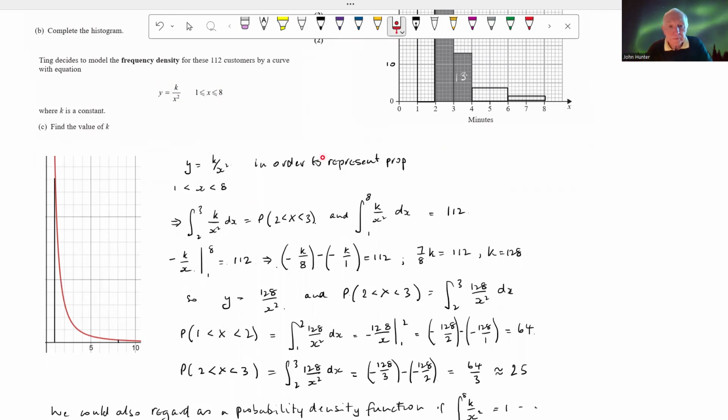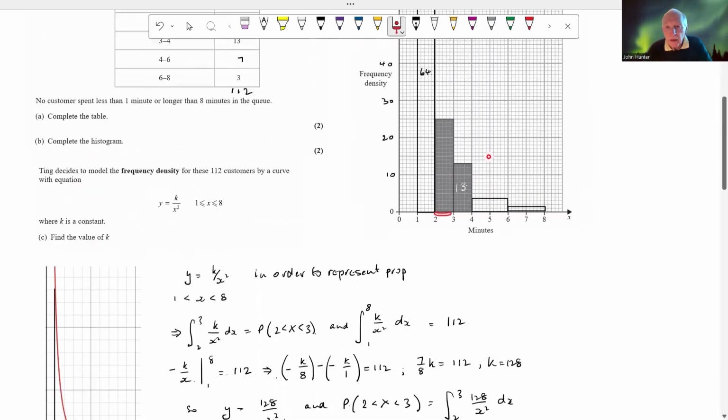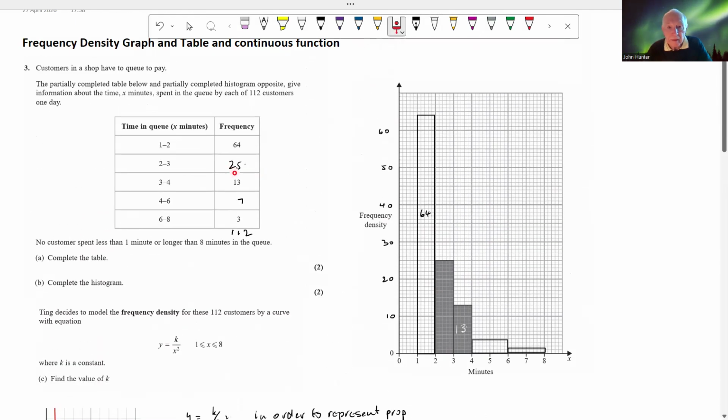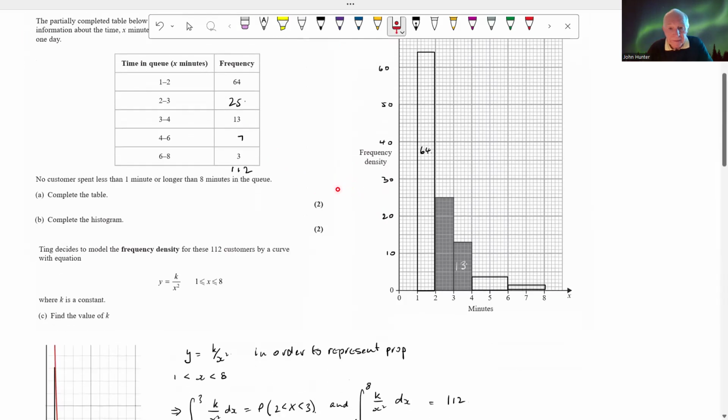Not only that, but if we pick any particular part of it, like between 2 and 3, we'd expect to see an area of 25. So if we integrate the function once we know k between 2 and 3, we'd expect to see a number similar to that.